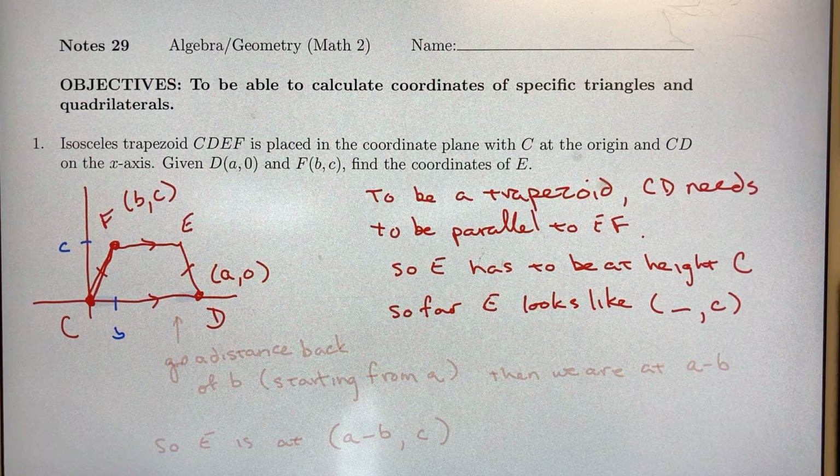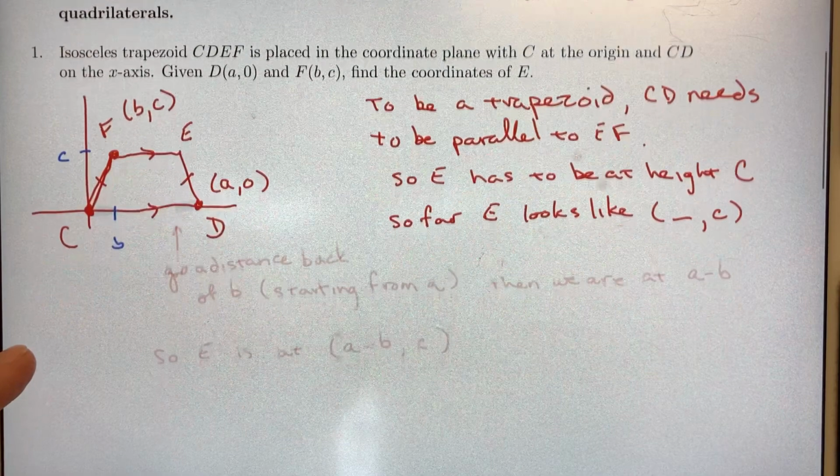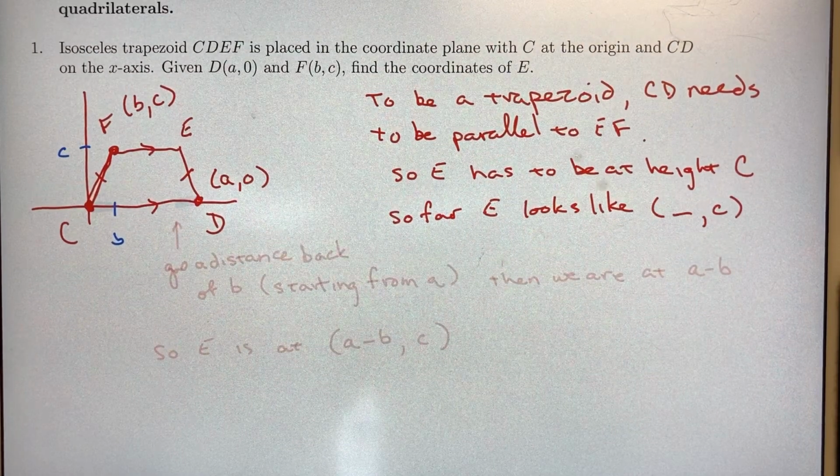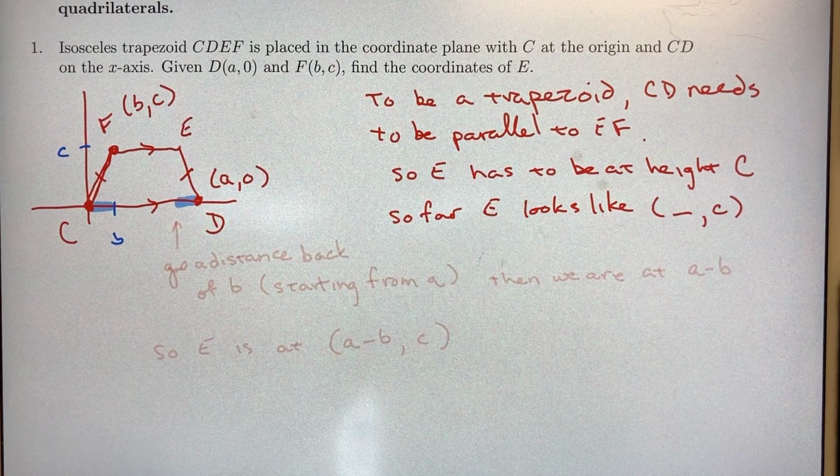Let's see, to figure out how far over we need to go. The distance, let me just highlight it in blue. The distance to the right that we need to go, because it's isosceles, is the same as the distance back that I need to go.